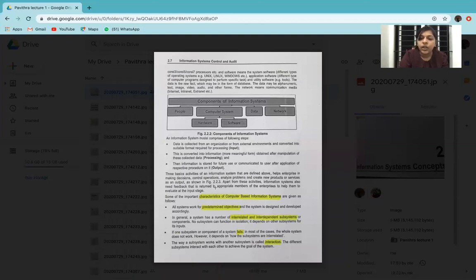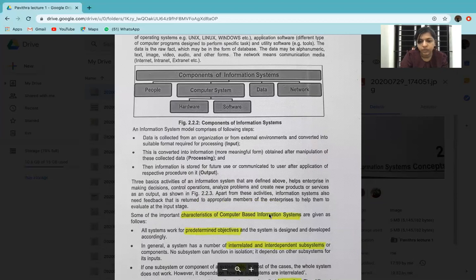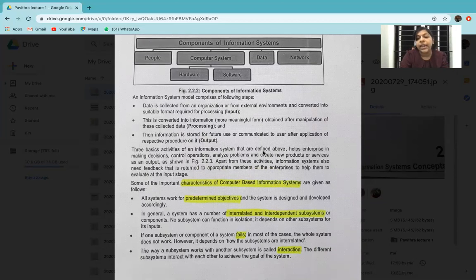What are the characteristics of such a computer-based information system? For any system, there should be an objective, and so is a computer-based information system. They have a predetermined objective, and then it has other subsystems which are both interdependent and interrelated.